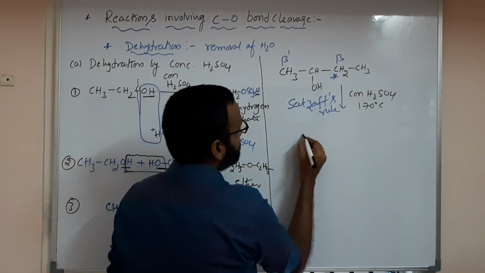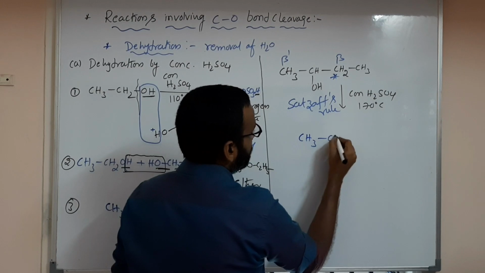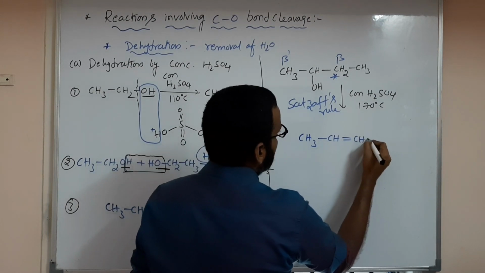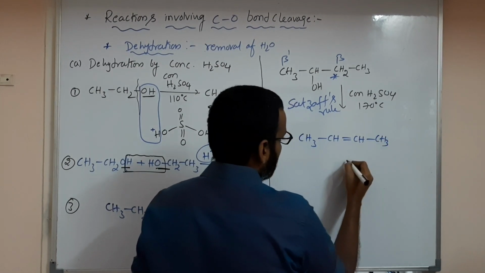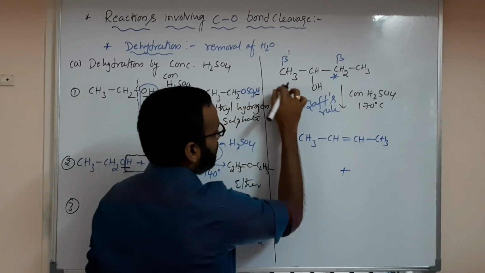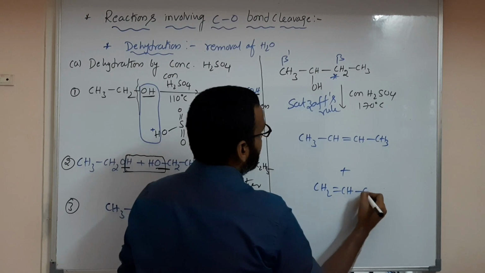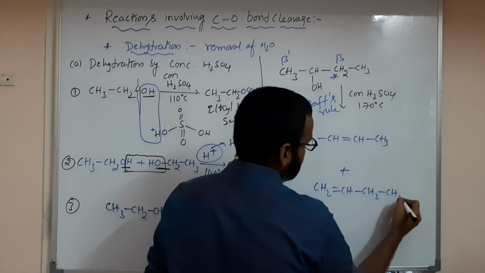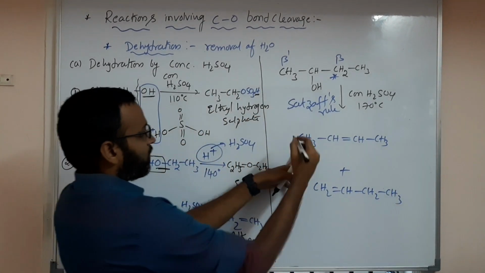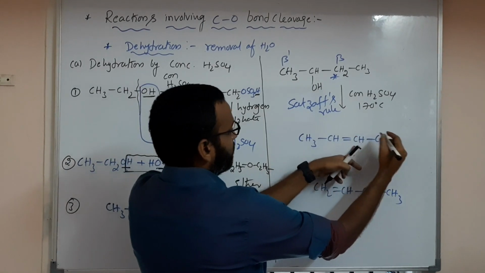So what you are having, sir, now? CH3, CH, double bond CH and CH3. This is one product. Another product is, suppose from beta dash if removed, then CH2, double bond CH and CH2, CH3. How was this one formed? Removed from this.